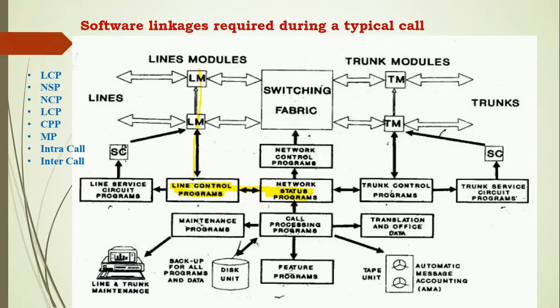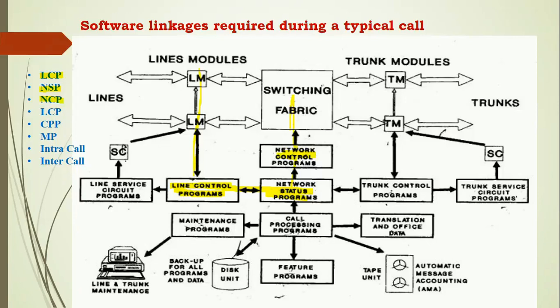In turn, the network status program will be connected to the network control program, where it will trace a particular line in the switching fabric. In the switching fabric, the connection has to be done. To do this connection, it needs the assistance of these. First one is the line control program, then the network status program, then the network control program.